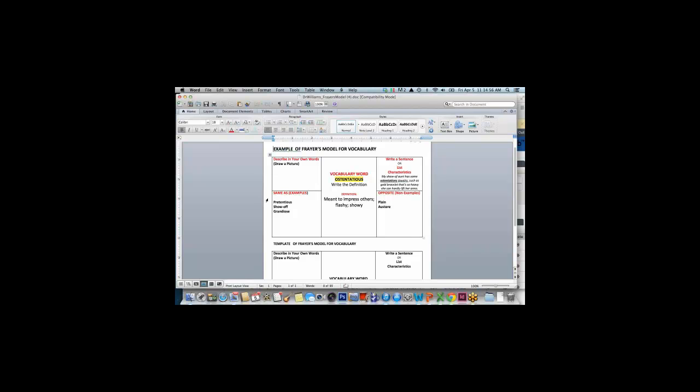I ask them to share examples of that particular word, in this case ostentatious: pretentious, show off, grandiose. And then what is it not? That means plain or austere. And normally the students draw a picture here. And I wish I had the exact index cards to share with you, but I'll let this suffice.